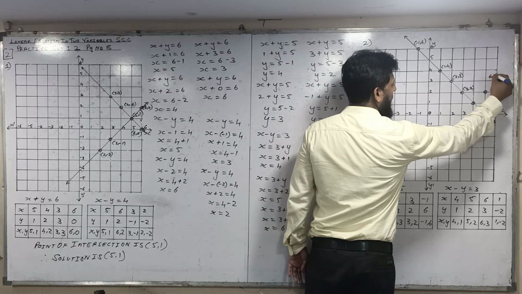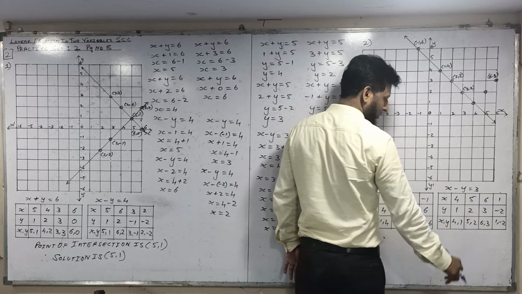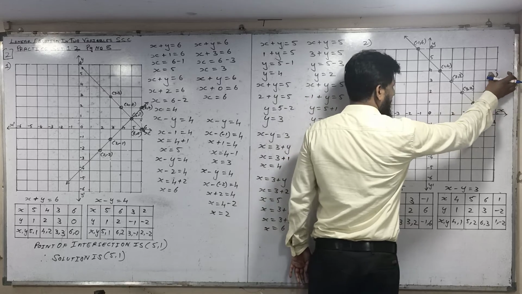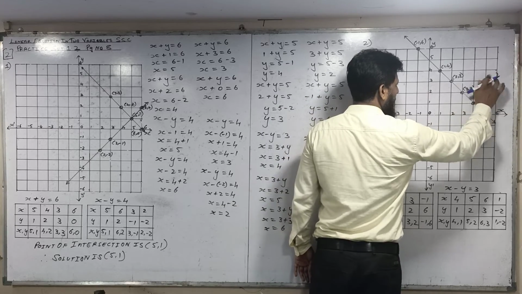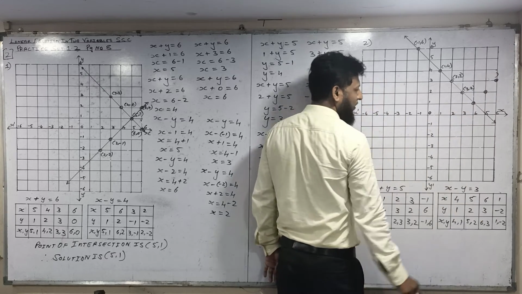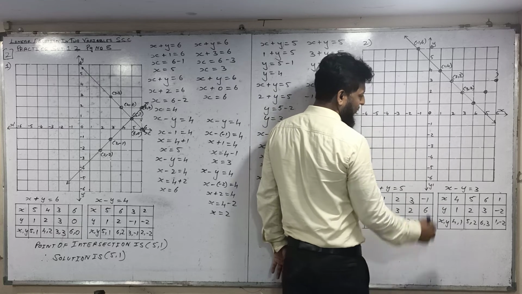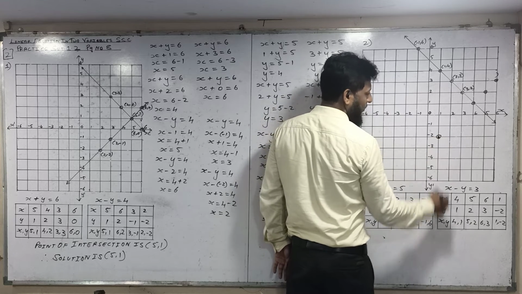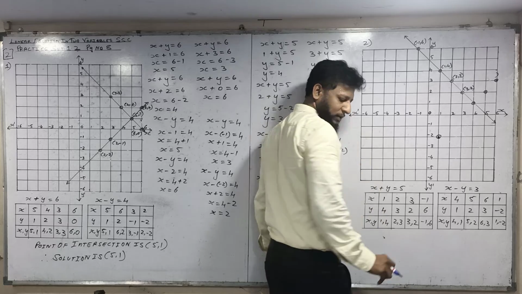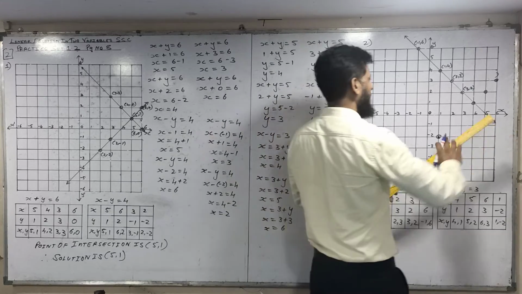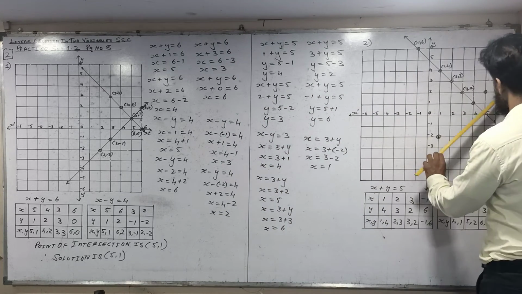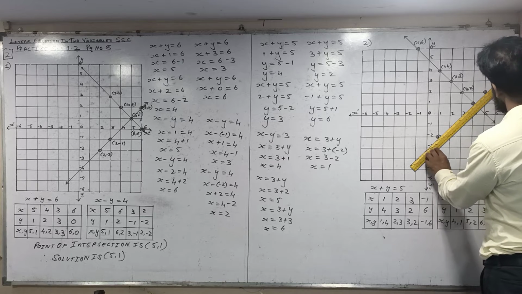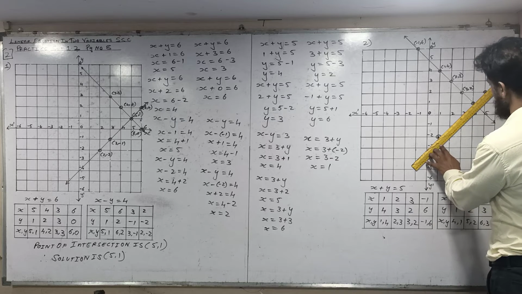Write afterwards, after drawing the line. So 1 and minus 2, x value 1 and y value minus 2. Okay, so after drawing the line, arrange all these 4 points.